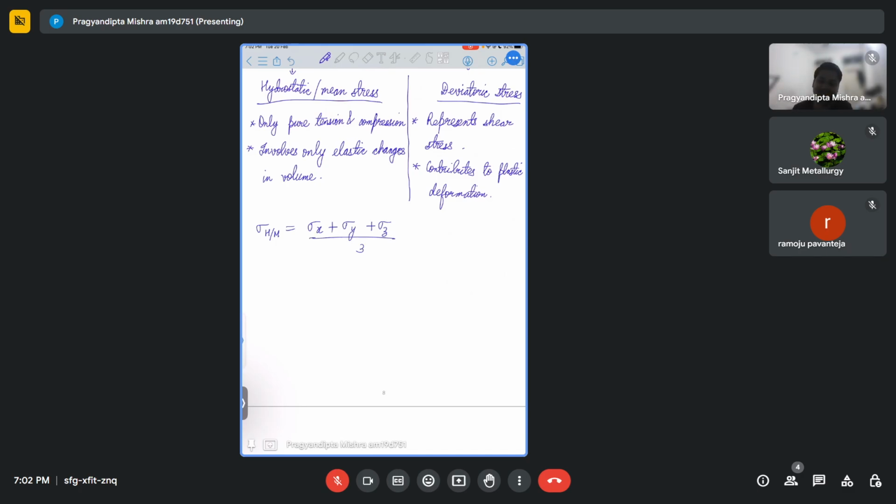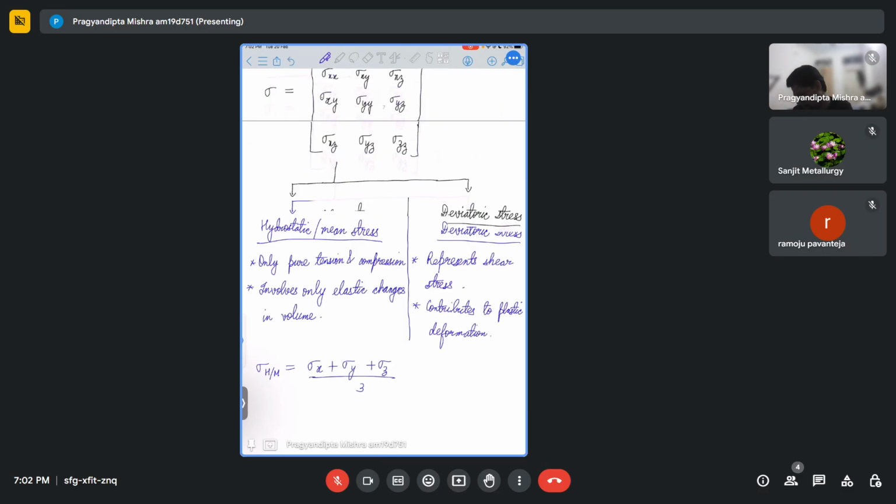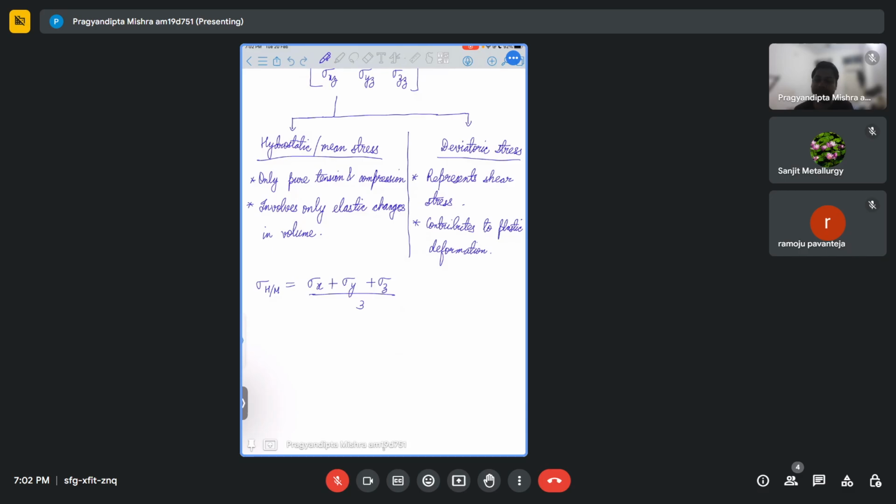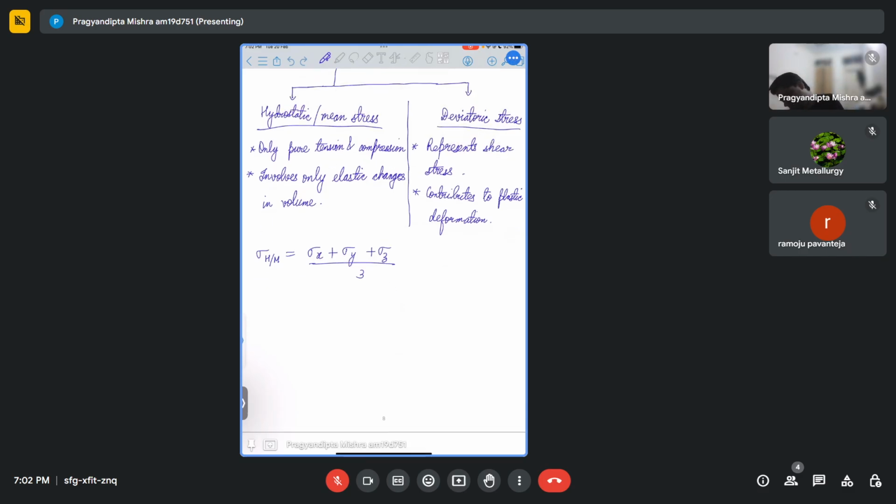Essentially, this plus this plus this, the three things I have underlined, divided by 3 will give you your mean stress or hydrostatic stress.